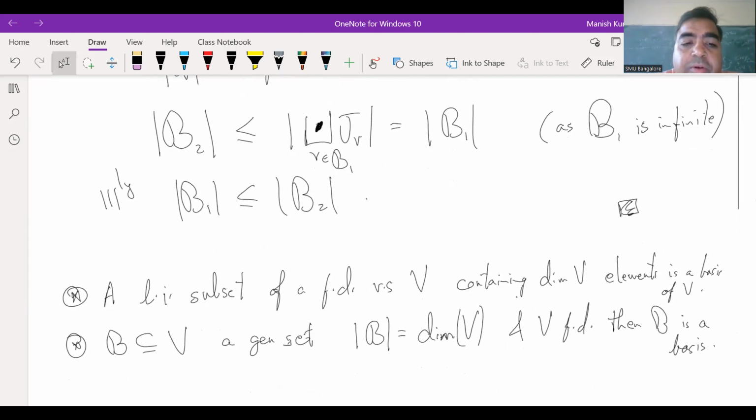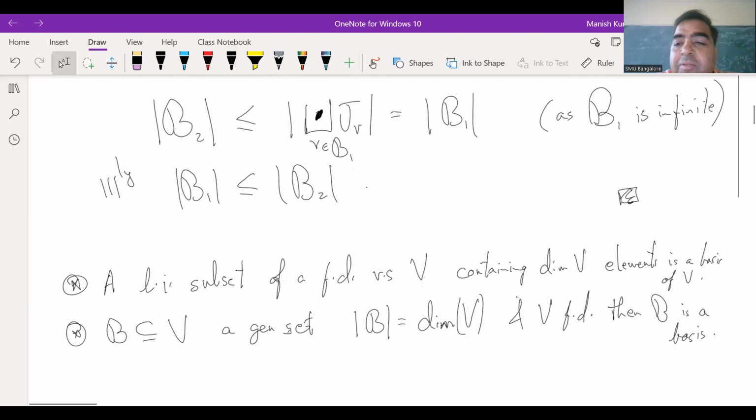If you take a linearly independent set in a finite dimensional vector space V, and suppose that linearly independent set contains dim V number of elements, then it is automatically a basis. Of course it can't have a bigger linearly independent set, because dimension is the same as the size of the basis.